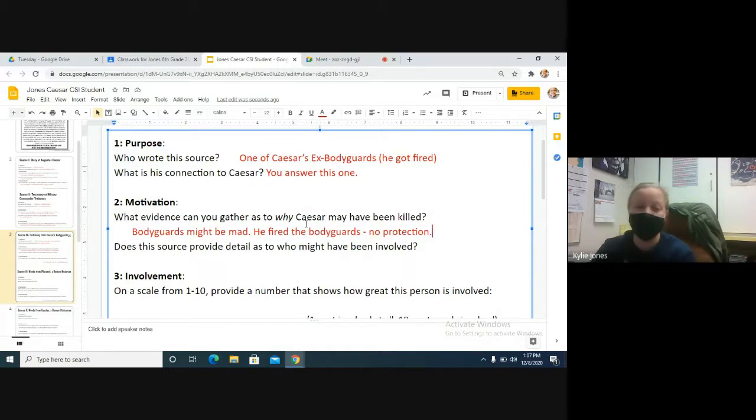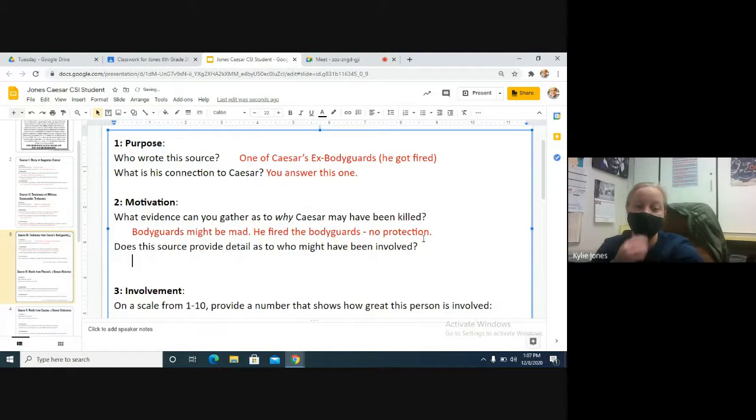And then, on the next one, does this source provide detail on who might have been involved? There was a name mentioned about someone who might have been involved. So I'm going to have you guys answer this one and find that name. There's one name in there that's mentioned about some whisperings, some rumors about this guy. I want you to answer that one.